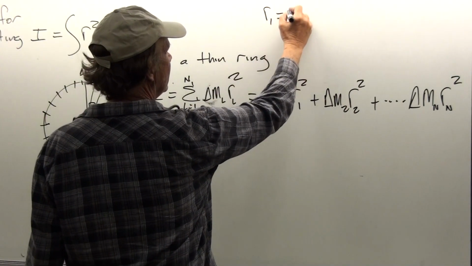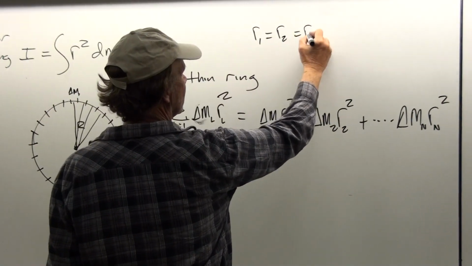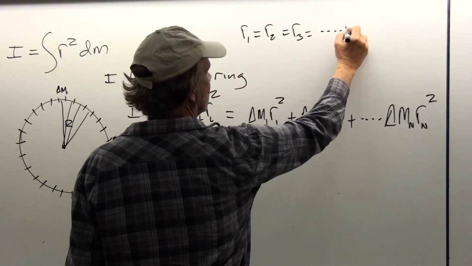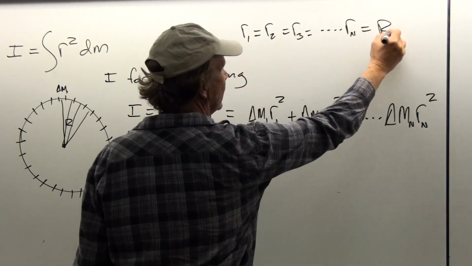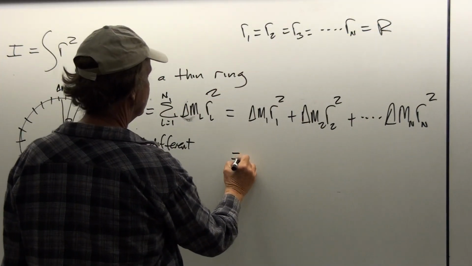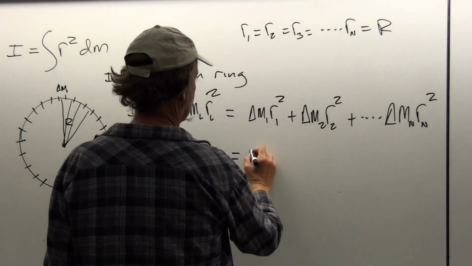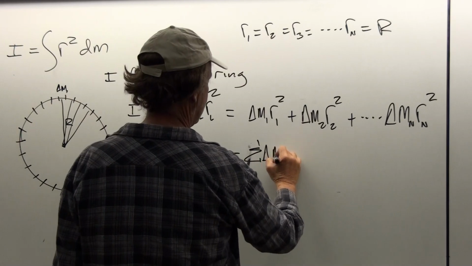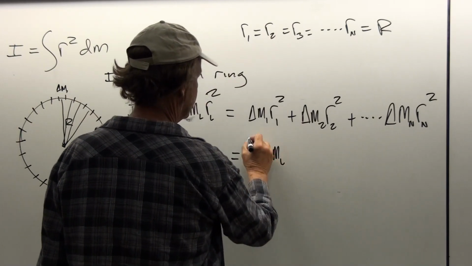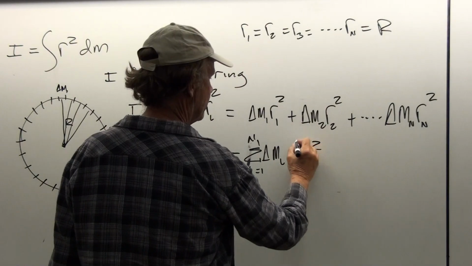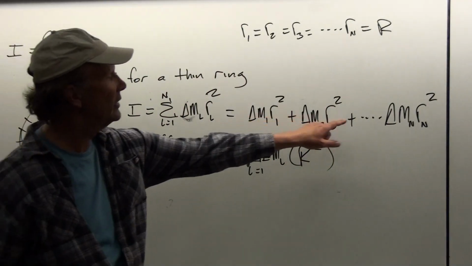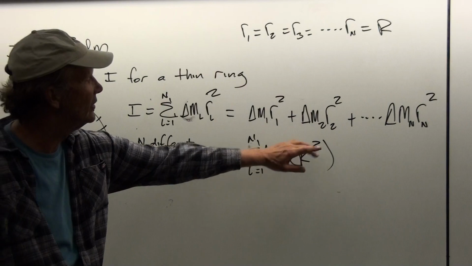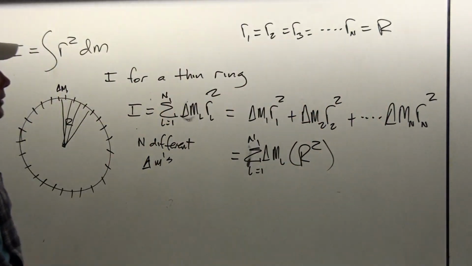So r1 equals r2 equals r3, rn equals big R. So we can rewrite this then as just the sum of delta m sub i, i equals 1 to n, times r squared. Because the r squareds are all the same value and can be factored out and made a common factor for all of those terms.